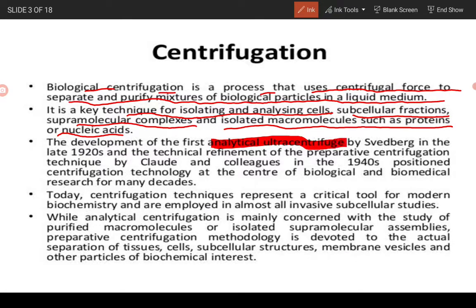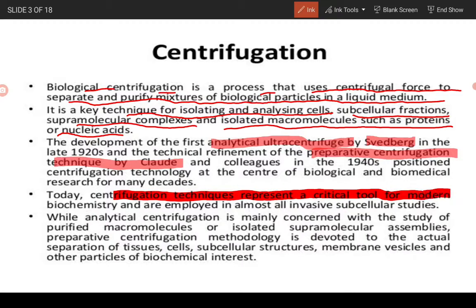Now the development of the first analytical ultracentrifuge was done by Svedberg in the 1920s, and the technical refinement of the preparative centrifugation technique by Claude and colleagues in the 1940s. So the analytical ultracentrifuge was developed by Svedberg, while the preparative centrifuge technique was developed by Claude. Today, centrifugation represents a critical tool for modern biochemistry and is employed in almost all in vivo and subcellular studies.